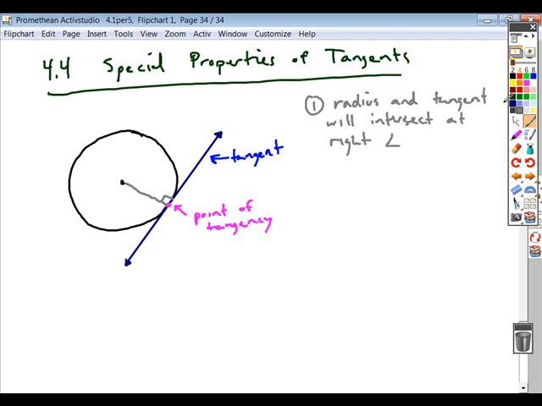You can take this same statement, turn it around slightly, and get a similar statement: a perpendicular through the point of tangency will pass through the center of a circle.